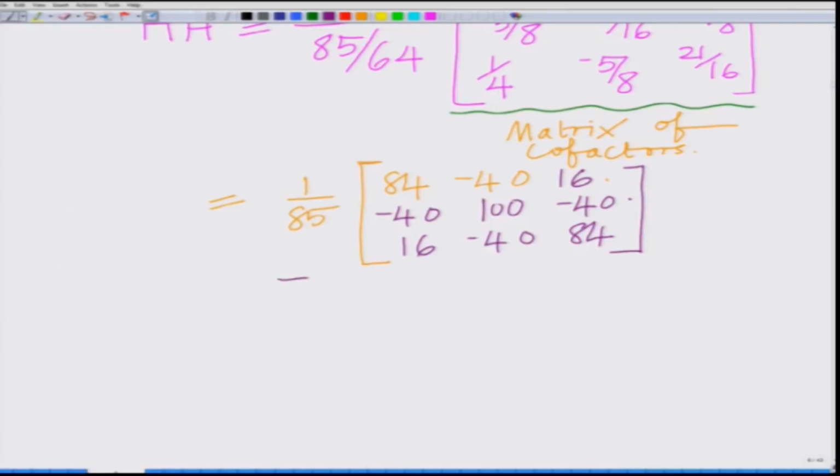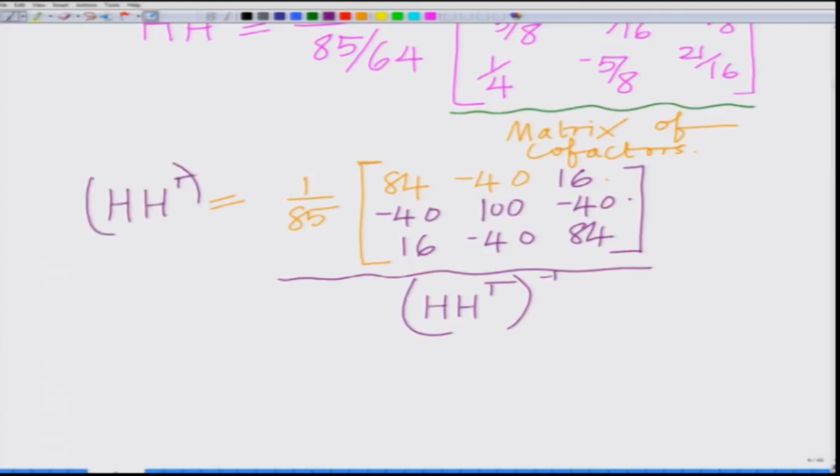And now therefore, what is this? This is basically H transpose inverse. So, we have evaluated H transpose inverse.